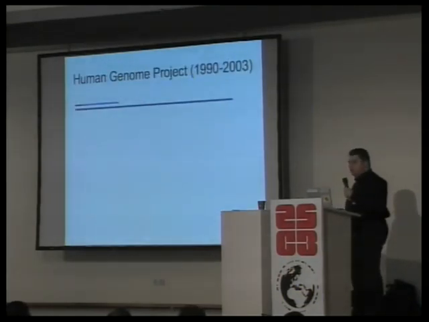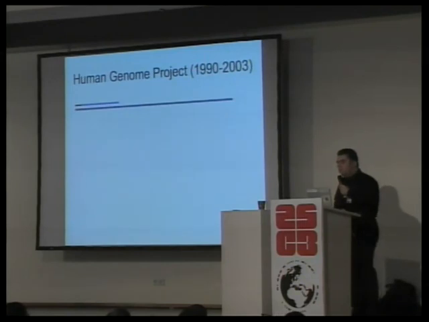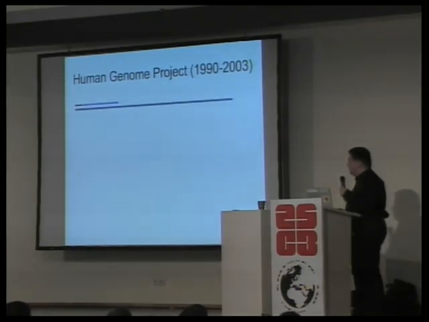And most of you will remember the Human Genome Project from the news in 2001, when the President of the US and the Prime Minister of the UK announced that the human genome is now sequenced, which it wasn't, and it still isn't. They began the actual work in 1990, and it was exactly this process.